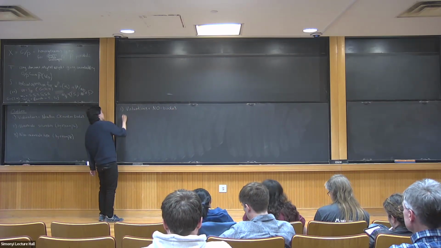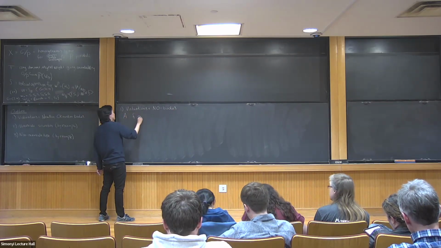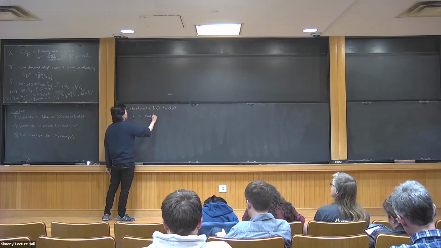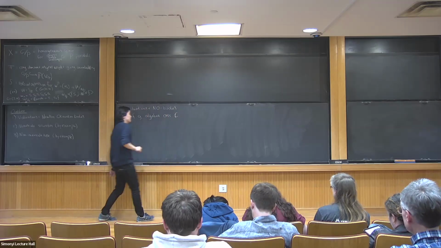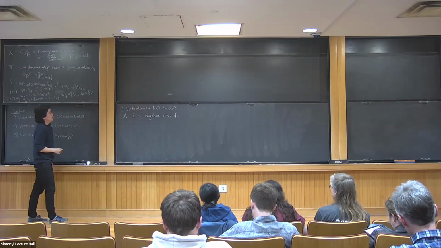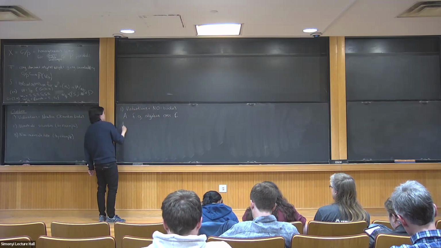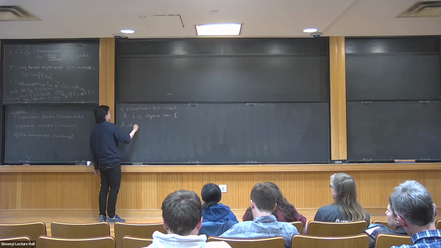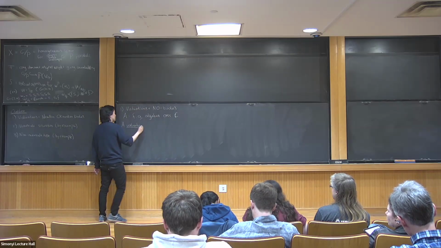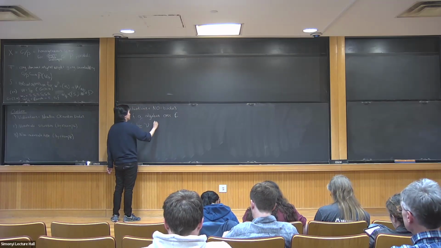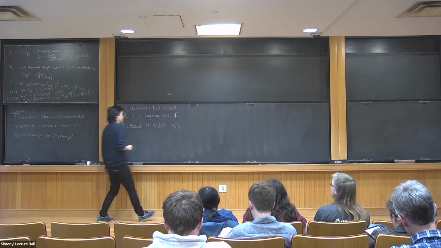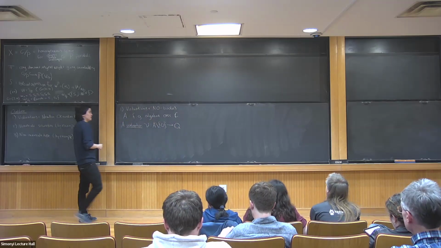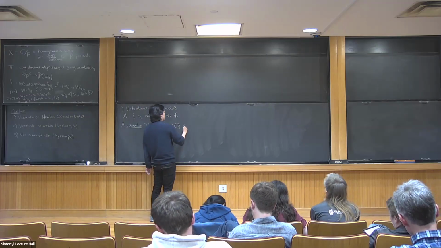So here A is a finitely generated algebra, and for me, I'll just take it over C, but you can do it slightly more generally. And I'll just define a valuation on the non-zero elements of A, with values in the rational numbers, as just any function satisfying these properties.